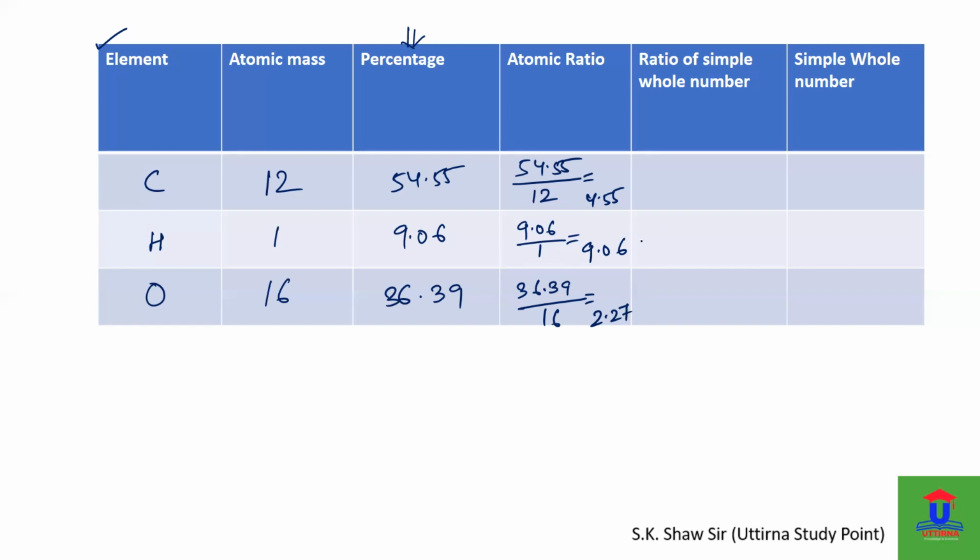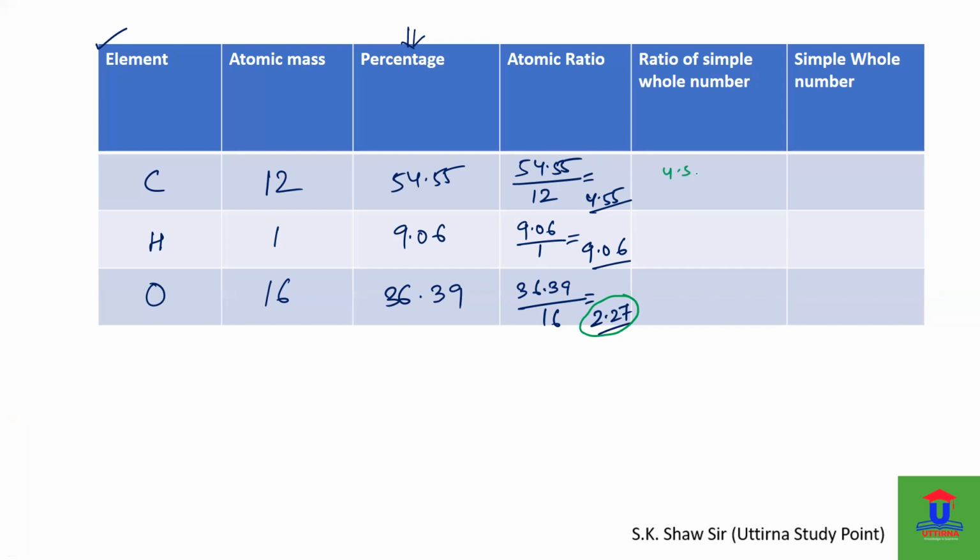Okay, then from the atomic ratio, take the smallest value. इसमें से सबसे छोटा जो वैल्यू है उसको लो, उससे इन तीनों को डिवाइड कर दो. सो इन तीनों में सबसे स्मॉलेस्ट कौन सा है? 2.27, this one. इससे सबको डिवाइड कर दो.